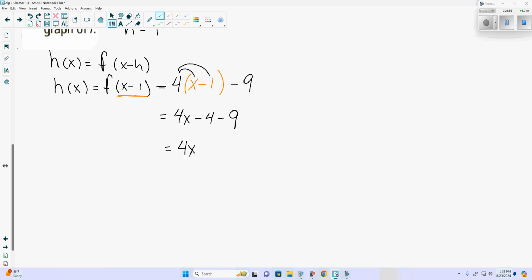So we still have the 4x, but our negative 4 minus 9 is negative 13. So our new h of x function is 4x minus 13.